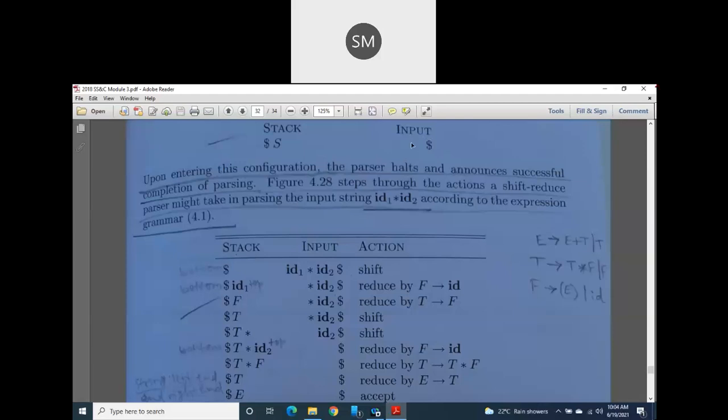If you keep reducing those inputs to non-terminals, finally you will reach your start symbol, capital S. At that time the content of the stack will be capital S. The dollar indicates the bottom of the stack, and on top of it there is one character, the non-terminal start symbol.